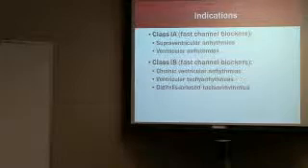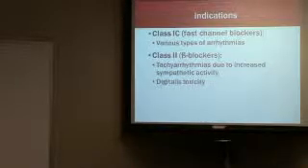The therapeutic range and toxic range are very close to each other, and you'll see why. It works well, but if you take too much, it could be bad. And again, we're still in class 1C, just various types of arrhythmias.